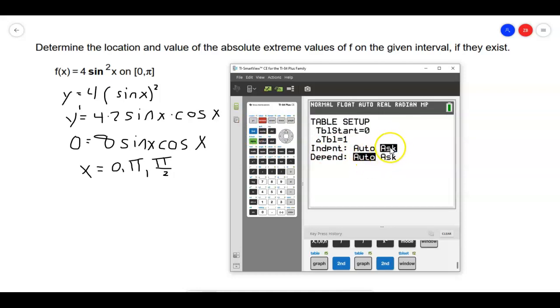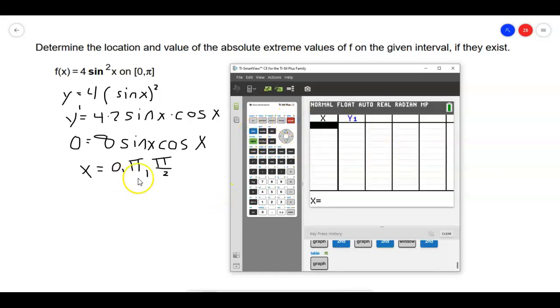So it asks for your x value, and then it automatically gives you your y value. Go back to second graph. So 0 we put in there, pi I put in there, and pi over 2, second pi divided by 2, and we get that value.